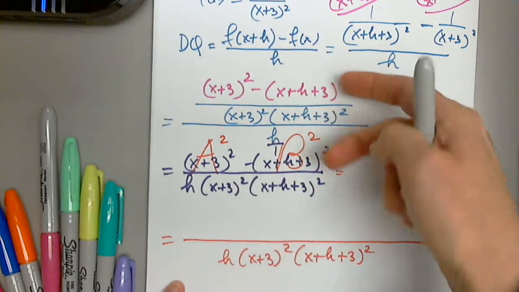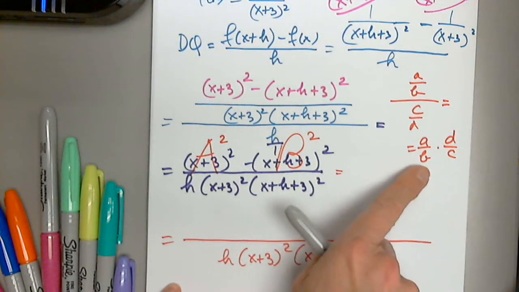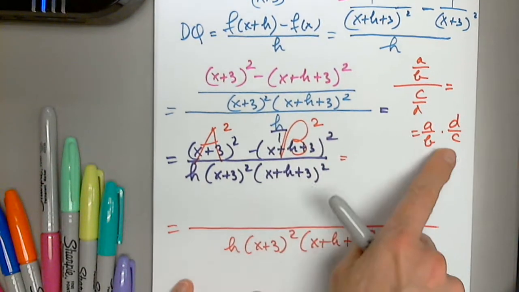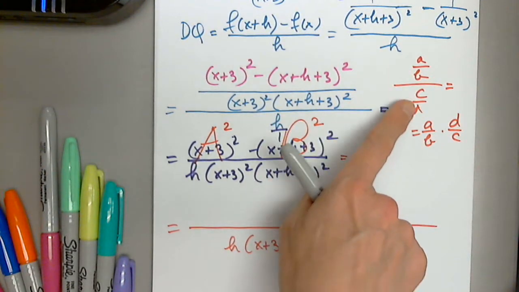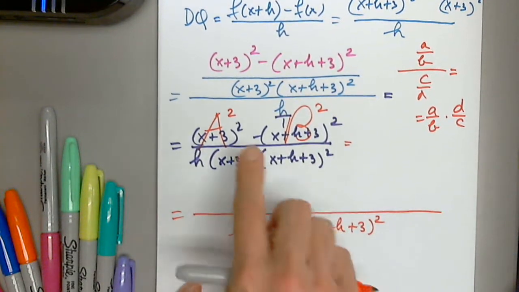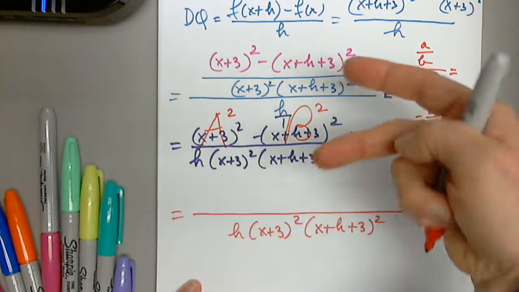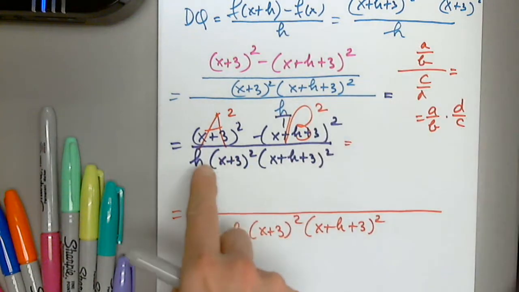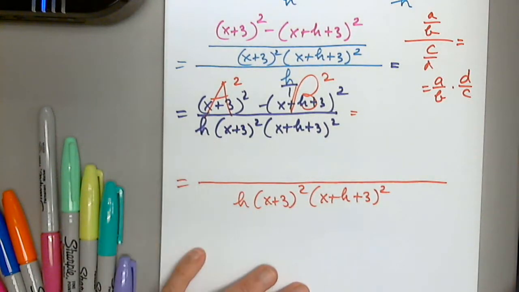So I flip this as 1 over h. That's the property. When I divide two fractions, I multiply the top by the multiplicative inverse of the denominator. So that's what I did. This is h over 1, that becomes 1 over h. And I just put it in front, not because I didn't want to write it one more time.